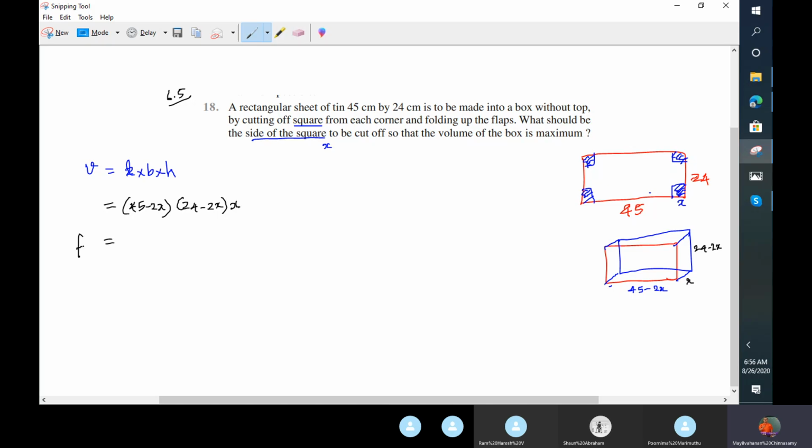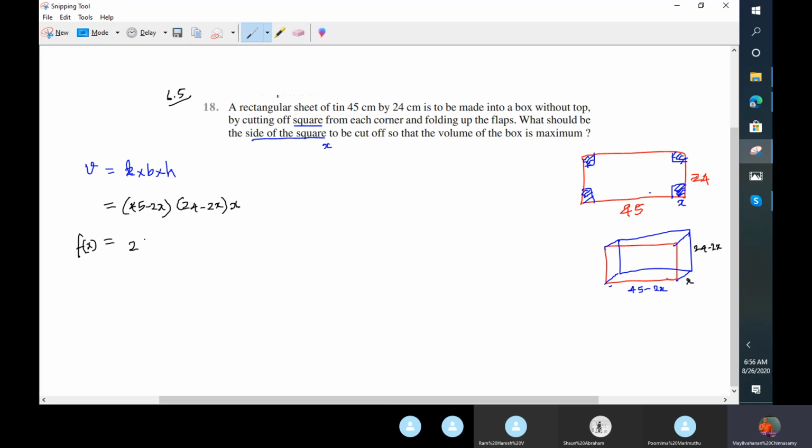Now this is your f of x. We want to find the x where the box volume should be maximum. Now you can multiply inside, and then we are going to take the derivative. Before doing the derivative, just multiply.